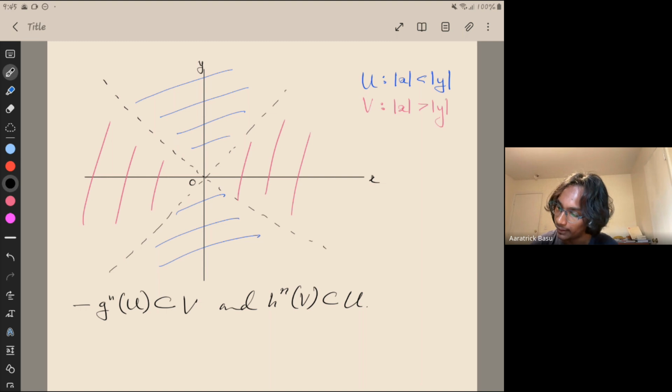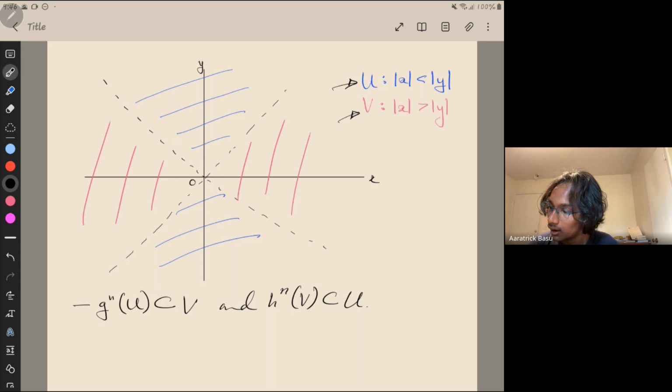You look at the XY plane, and you look at the set U given by absolute value of X is less than absolute value of Y, and the set V, which is given by absolute value of X is greater than absolute value of Y. So remember, it's not true that U union V has to be the full set. It's just enough that U and V be disjoint non-empty. You don't have to look at a partition of your set. Oftentimes that can also work, but you don't necessarily have to do it. So it doesn't matter that U union V misses this sort of crisscross line.